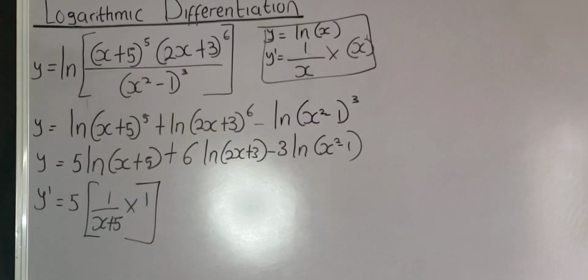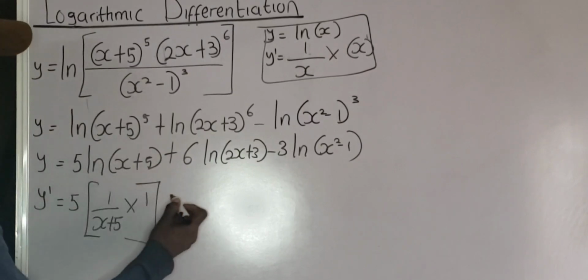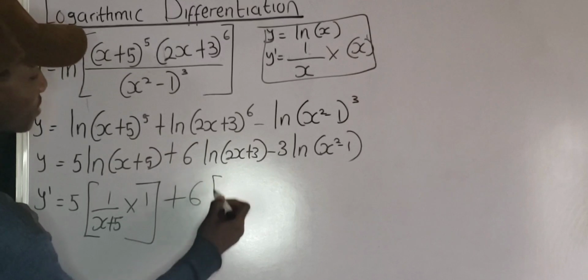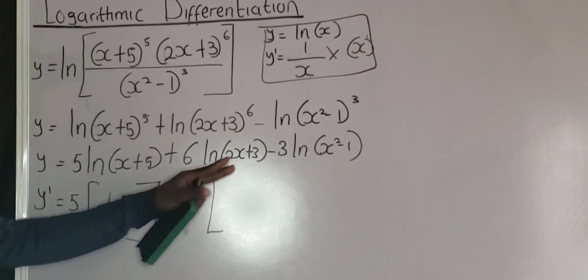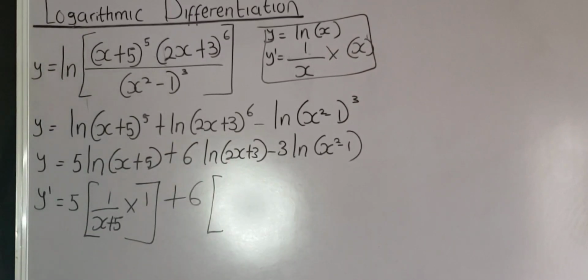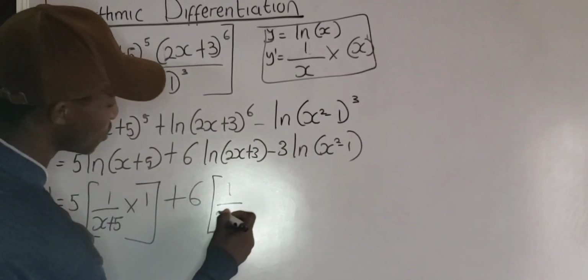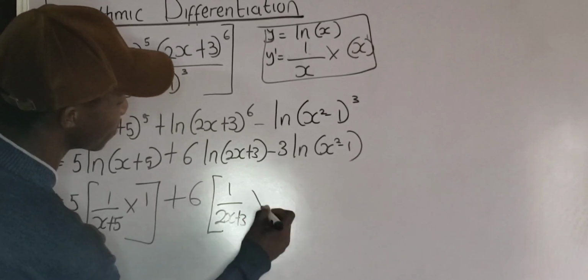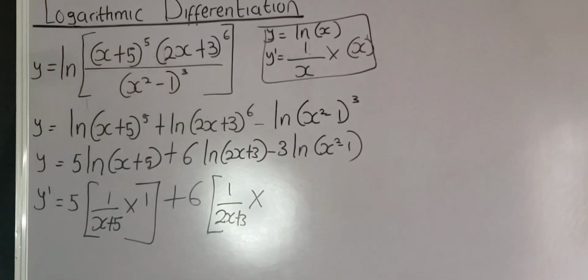You understand? So I'll take the derivative of this part. Let's proceed to the second part. I'm going to have 6 multiplied by the inverse of the function inside the bracket. The function inside the bracket here is 2x plus 3. So I'm going to have 1 over (2x plus 3) multiplied by the derivative of (2x plus 3). If you differentiate 2x plus 3, you are going to get 2.